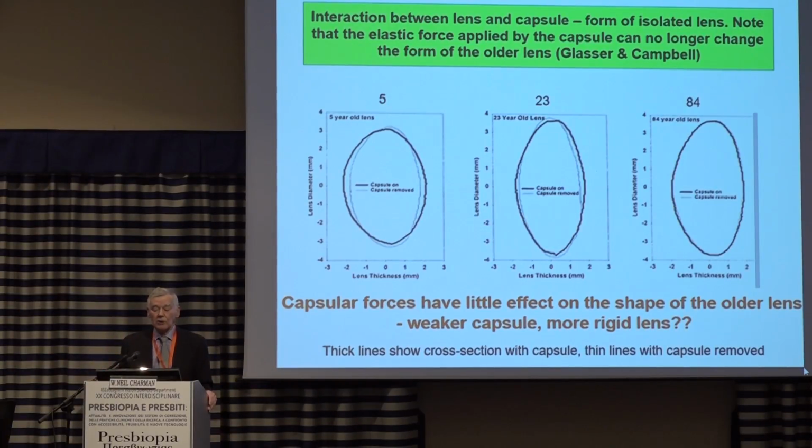As you get older, 23, for example, those changes become smaller. And by the time you're 84, if you ever get there, removing the capsule has no effect. So obviously the capsular forces play an important role on the younger lens, but they're not capable of exerting any effect on the much more rigid old lens.